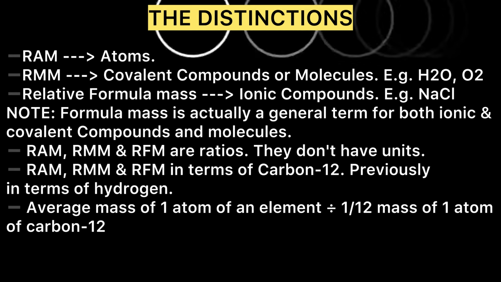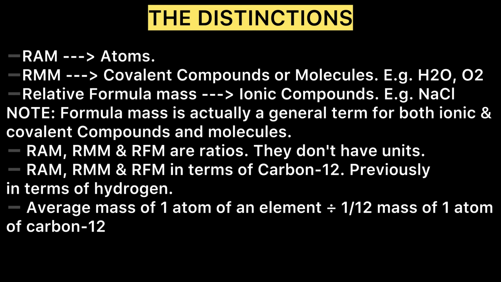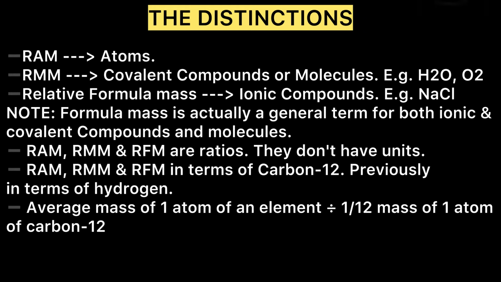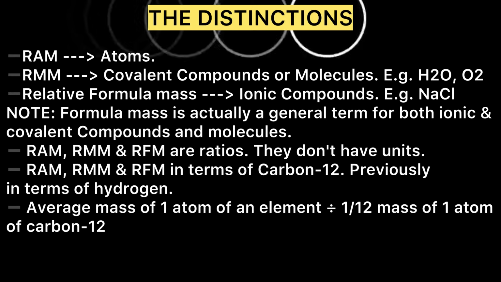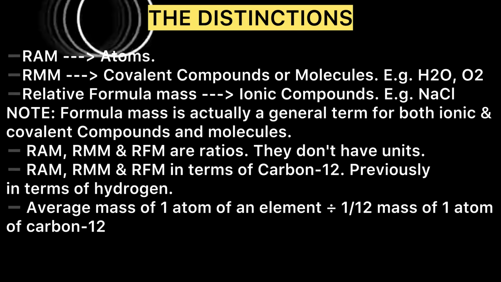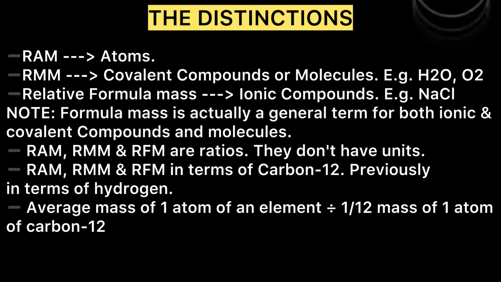So they said the average mass of one atom of oxygen divided by one atom of hydrogen. But now we have changed it to carbon 12. So relative atomic mass is now in terms of carbon 12 and not hydrogen. Please take note, it's now in terms of carbon 12 and not hydrogen.